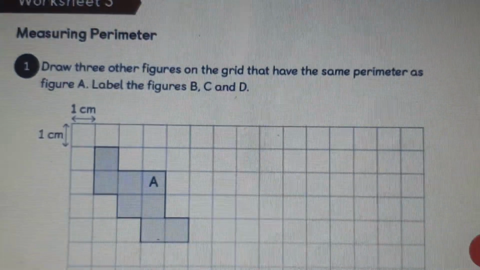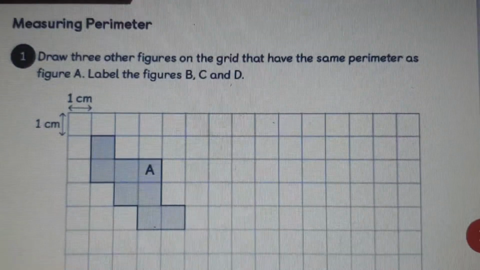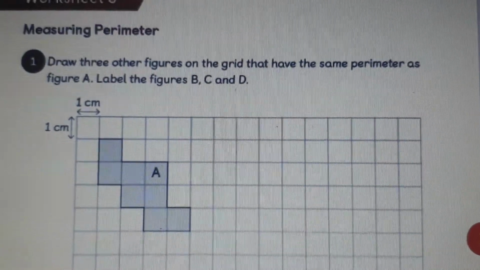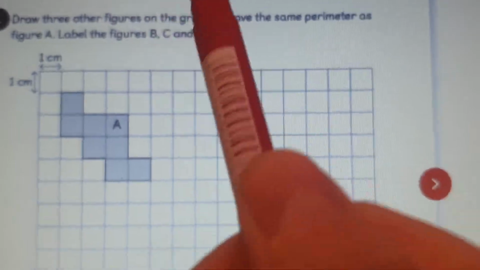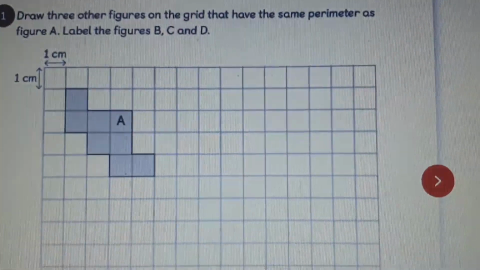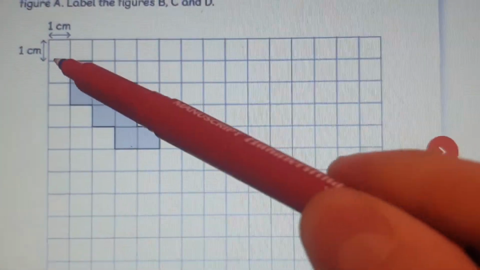Okay, so this one says, draw 3 other figures on the grid that have the same perimeter as figure A. Label the figures B, C, and D. Each square is 1 centimetre.